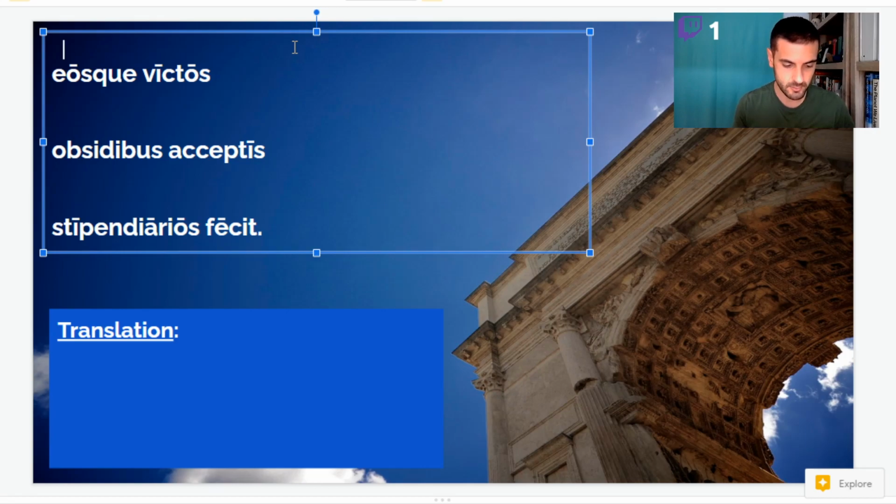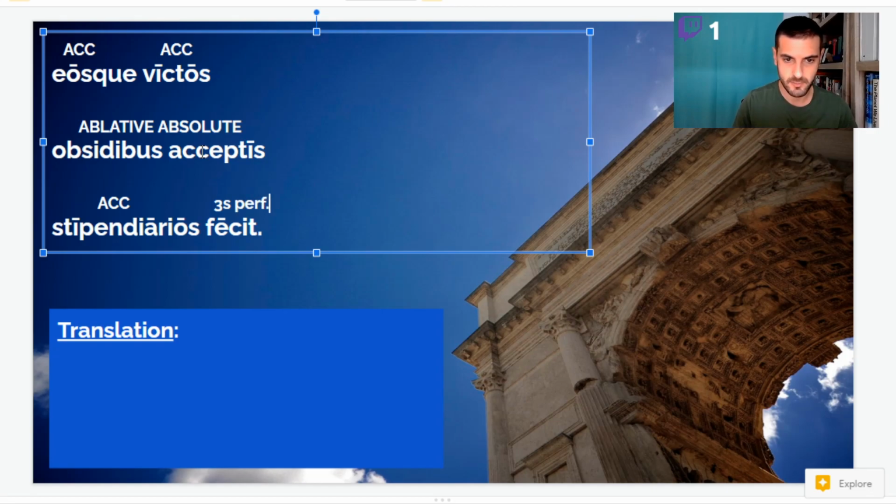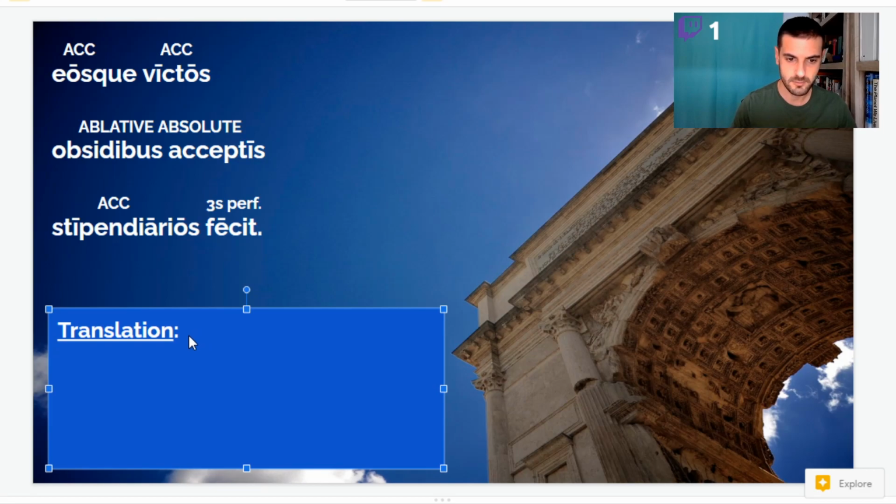Queos, right, is like eosque, so and them conquered folks. Obsidibus acceptis, it's not at the beginning, but we have an ablative absolute here. Stipendiarios, which I had to look up. I'd never seen this word before. And then we have our verb. Que, so and.